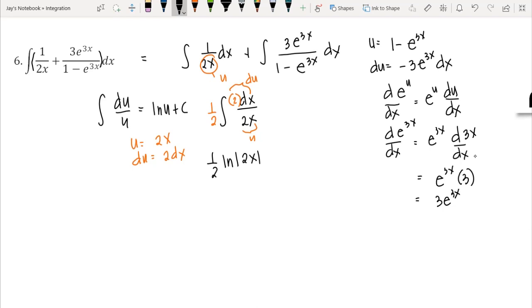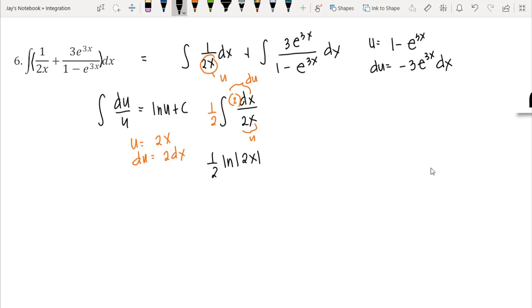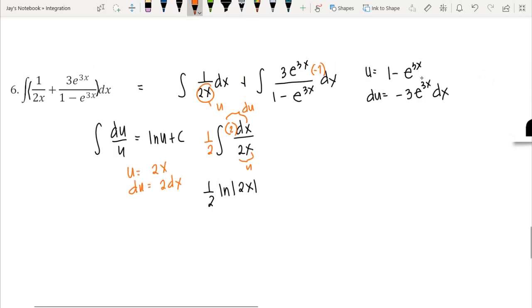Correct? So as a review, just a slight recap of your differential calculus. So take note, upon checking the numerator, we have 3e^3x dx. Correct? And the required du should be negative 3e raised to 3x dx. So the only thing that we are lacking in the numerator is the negative sign. So we multiply negative 1 here, correct? So that we could satisfy this rule. So this one now is our du.